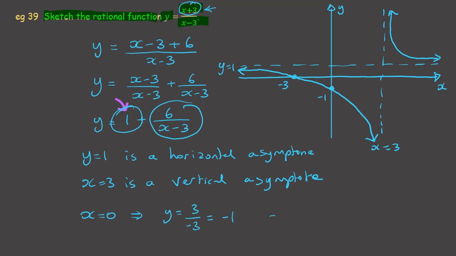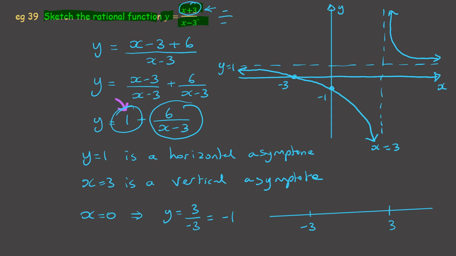You could also check regions, so you could say, okay, what happens to the left of negative 3, and what happens to the right of 3. And so if we go to the left of negative 3, then going to the original function, we would have a negative divided by a negative.